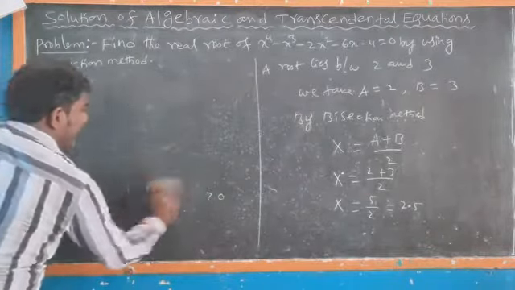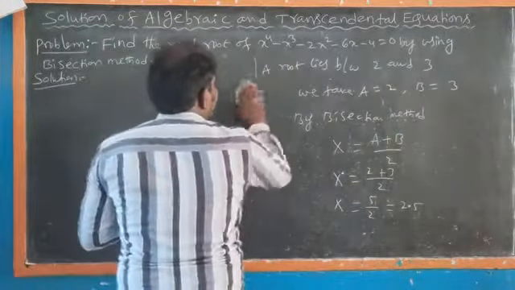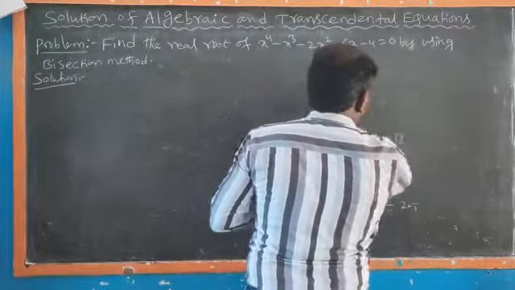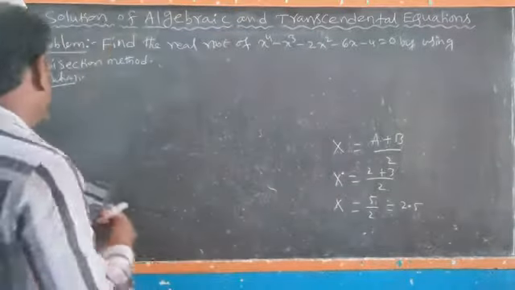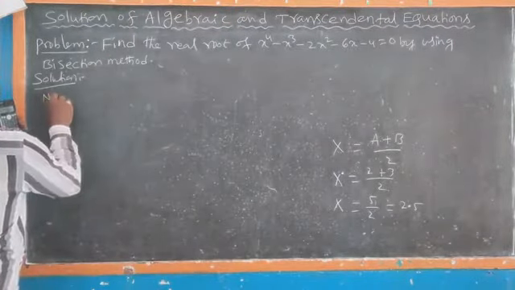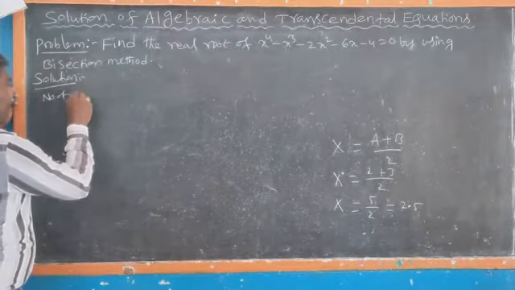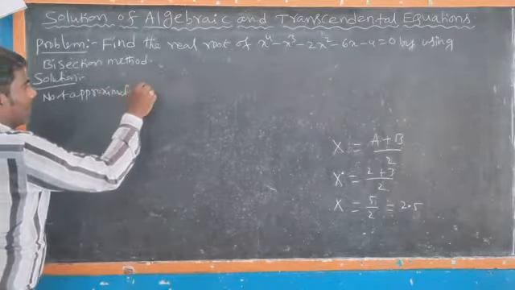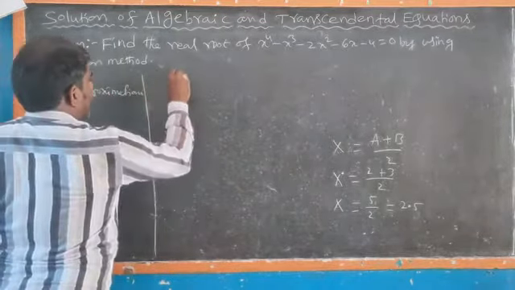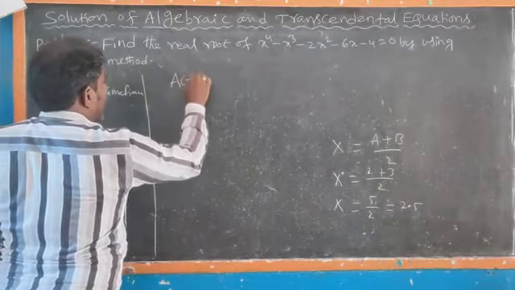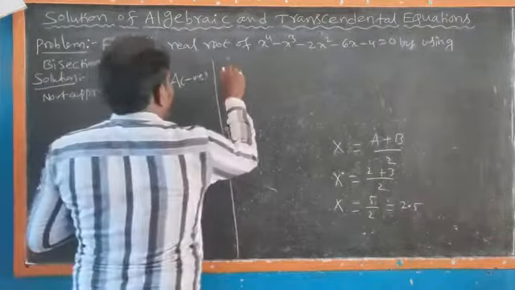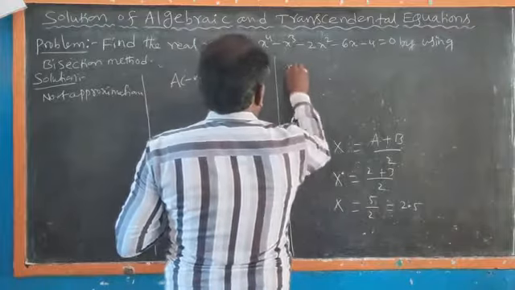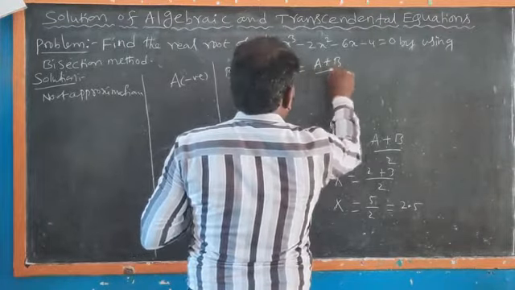Next, tabular form. The columns are: number of approximations, a with negative values, b with positive values, and x equal to (a plus b) by 2.